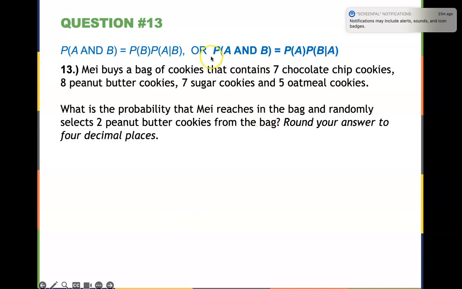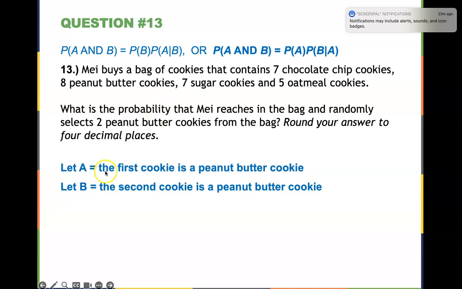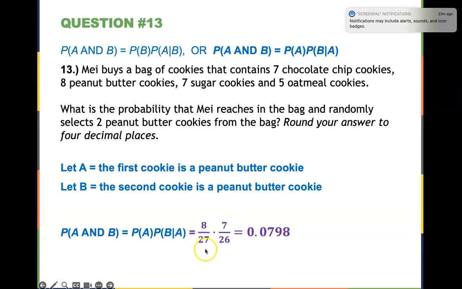The formula that we would want to use is P of A and B is P of A times P of B given A. So A is going to be the first cookie is a peanut butter cookie. B, the second cookie is a peanut butter cookie. So the probability of A and B is going to be the probability of A. There are 8 peanut butter cookies out of a total of 27 cookies.